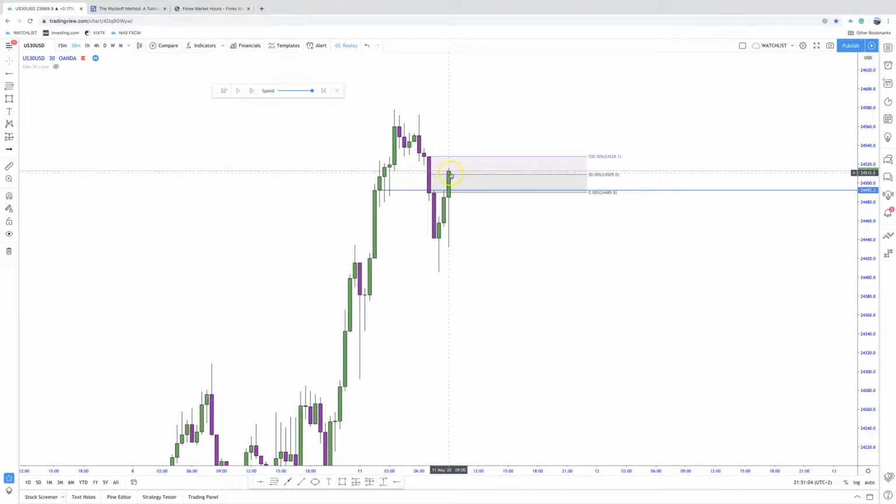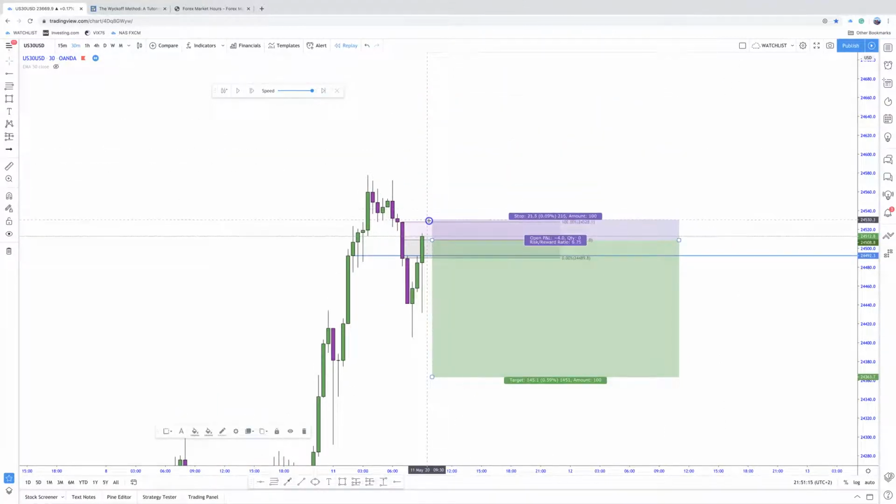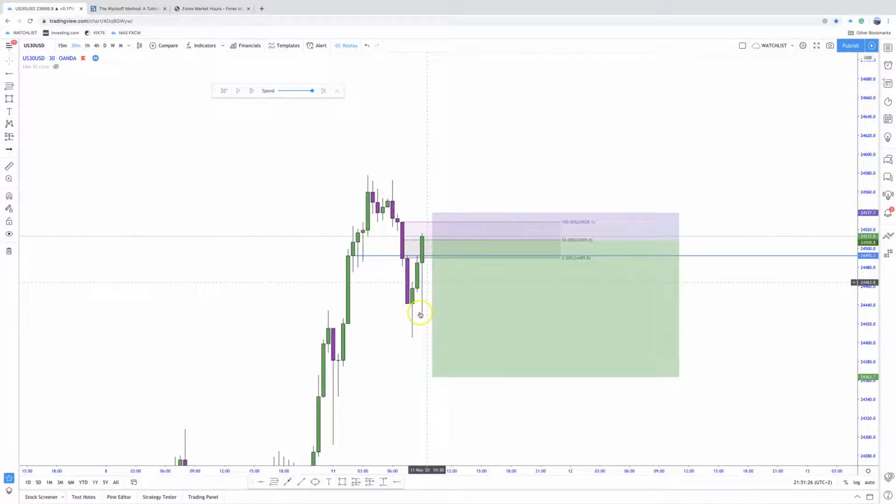So if I set my sell over there for London, I go short, right? Put my stops above this last high, or that last wick over there, which is about 28 pips.